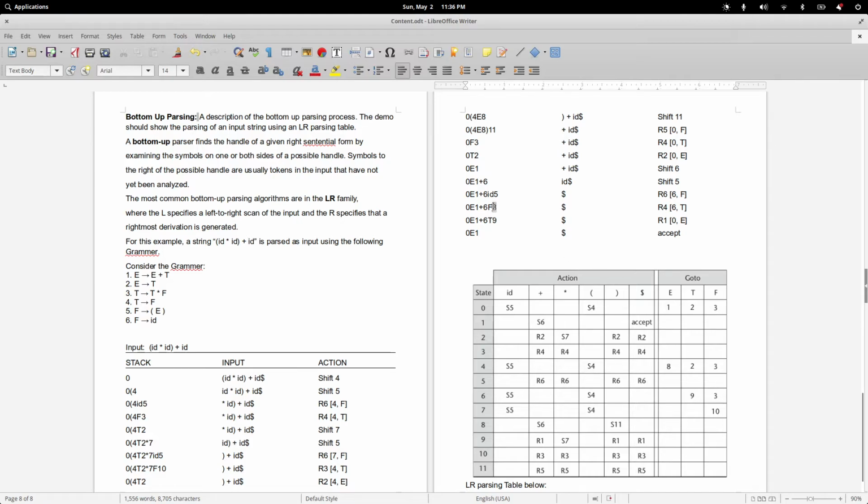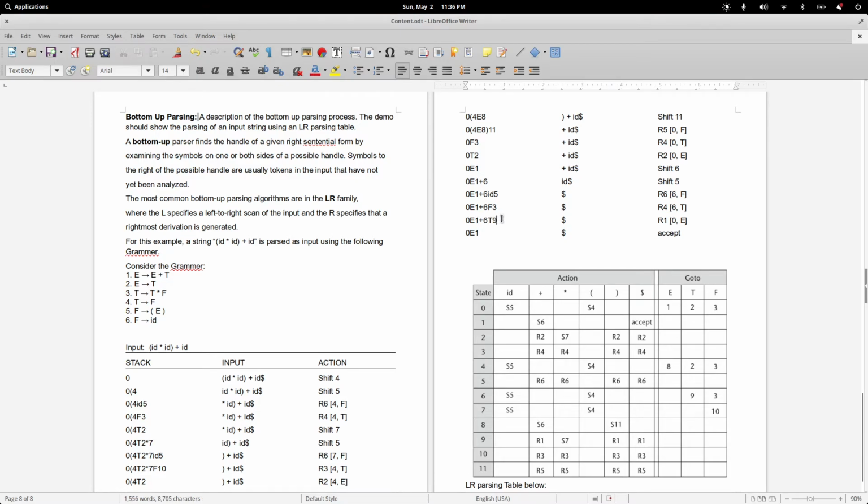That's where we get this 3 from. Now we're positionally looking at 3 dollar sign, which tells us that we go to rule 4. Rule 4 tells us that F becomes T. So now we convert F to T down here, and we look up 6 T. 6 T tells us that we go to 9. That's where we get this 9 from.